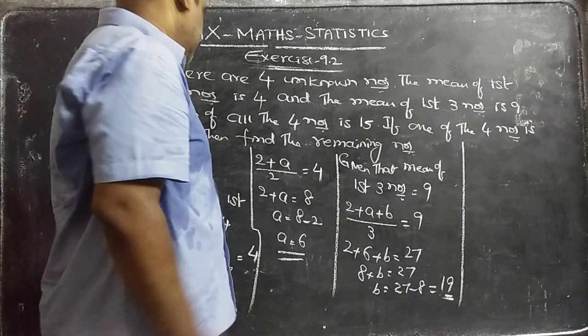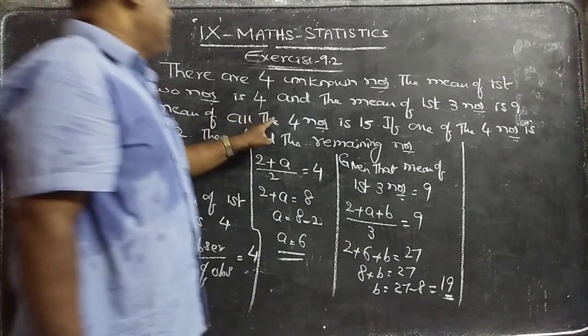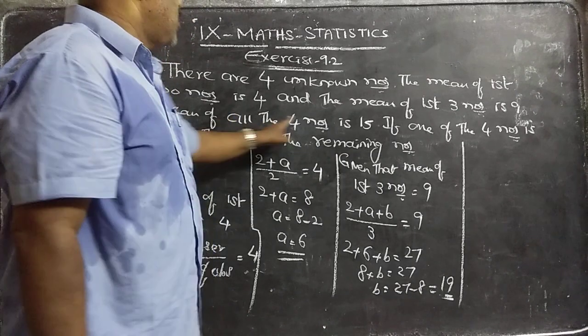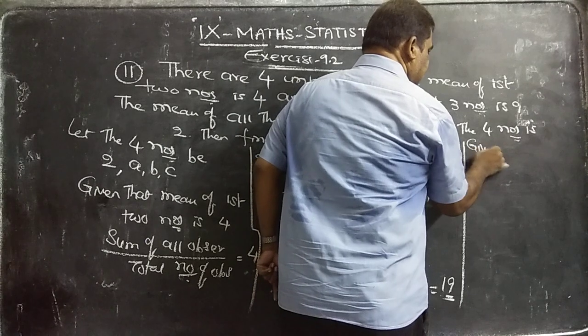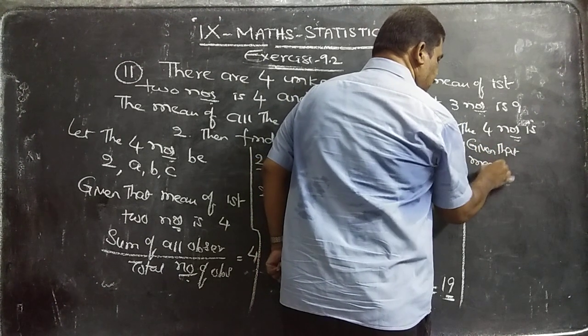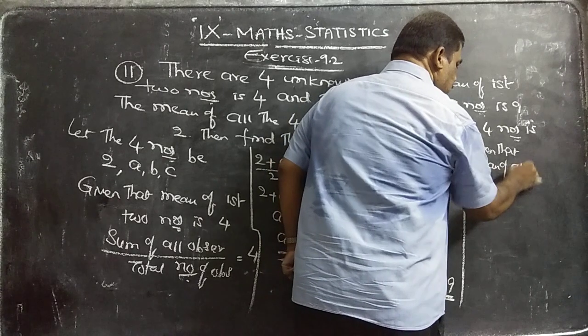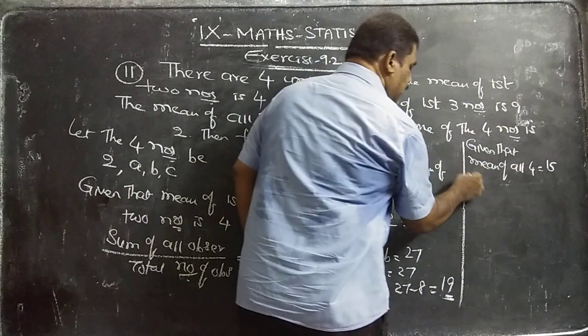Now among three numbers we got two numbers. Now the third number. Another condition is given. The mean of all the four numbers is 15. What is the formula for mean?